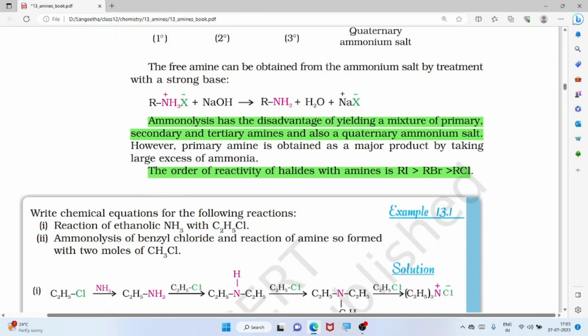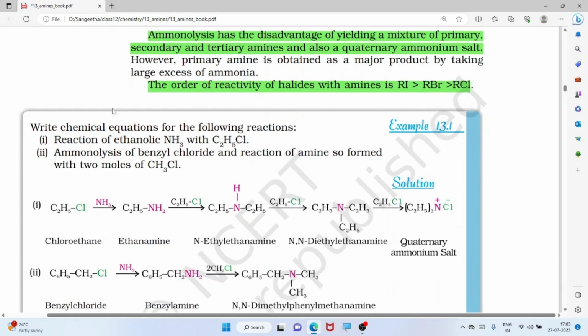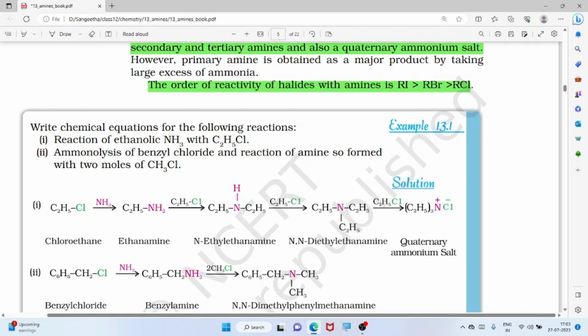Ammonolysis has the disadvantage of yielding a mixture of primary, secondary, and tertiary amines and also the quaternary ammonium salt, so it does not give one as the major product. The order of reactivity of the halides with the amine is iodine greater than bromine and chlorine.